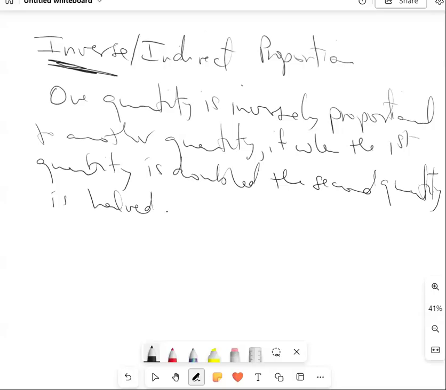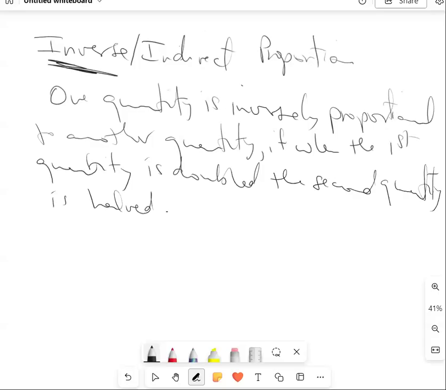And the converse is true. If the second quantity is double, the first quantity is half. And the same, not just half. If the first quantity is tripled, right? The second quantity is divided by 3, right?